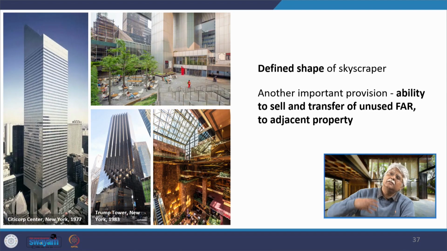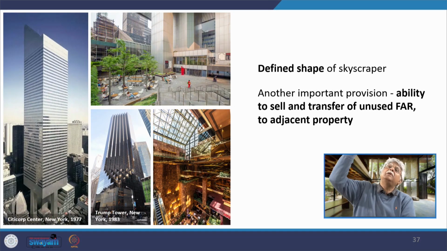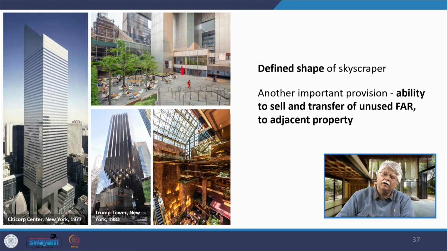There is the air above my building, there are certain rights I have over that, and if I am not building my building all the way to fully utilize my air rights, even those air rights can be sold to an adjoining property so they can build higher. You can go online to read more about air rights, and these are being used in the current skyscrapers in Manhattan, in New York, in that area.